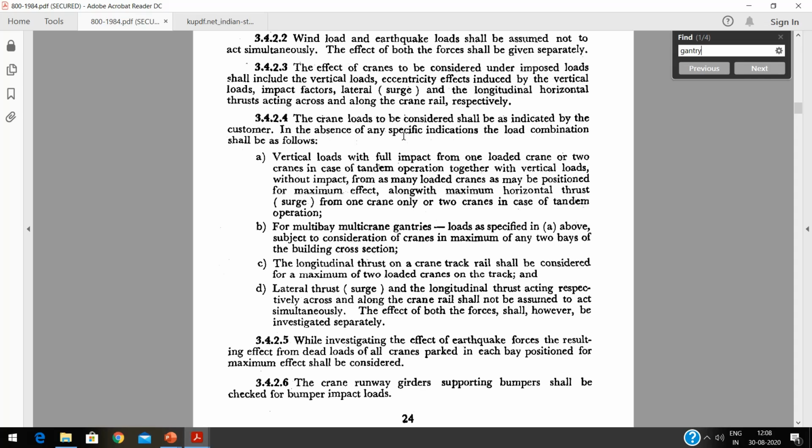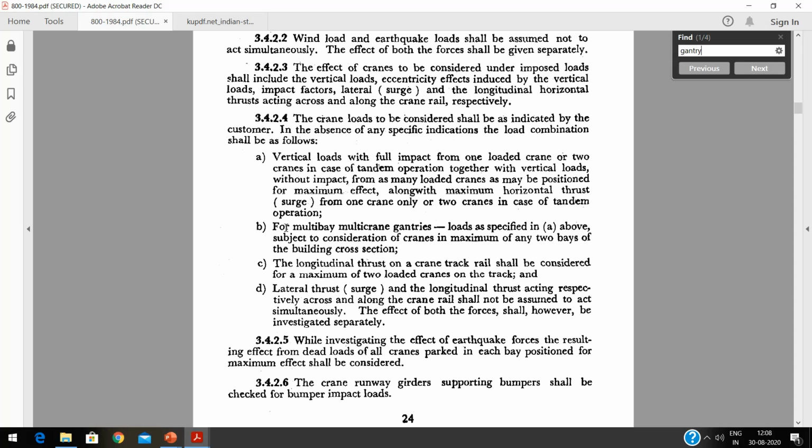In the absence of any specific indication, the load combination shall be as follows: the vertical load with full impact from one loaded crane, or two cranes in case of tandem operation, together with vertical loads without impact from as many loaded cranes as may be positioned for maximum effect, along with the maximum horizontal thrust, that is surge, from one crane only or two cranes in case of tandem operation.